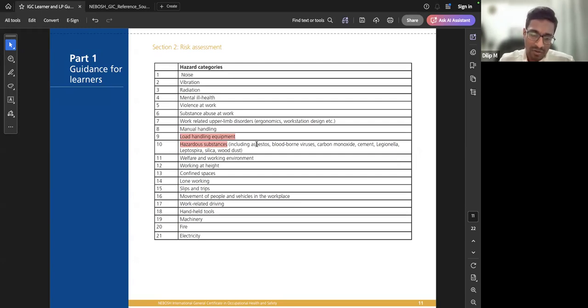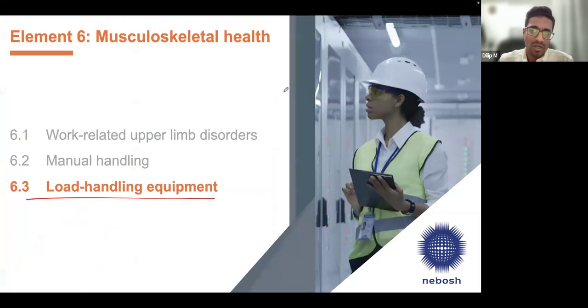So try to watch as many videos for reference and refer to many sources, because other learners would have gained the knowledge from their work experience. If I am lacking that, then it is my responsibility to spend more time reading about the hazard categories and watching more videos. All right. So tomorrow we will continue with 6.3.